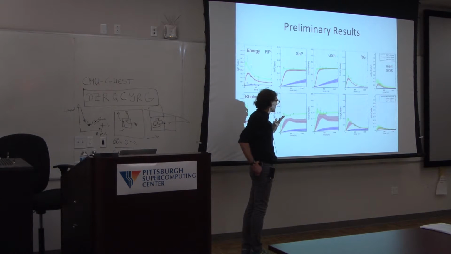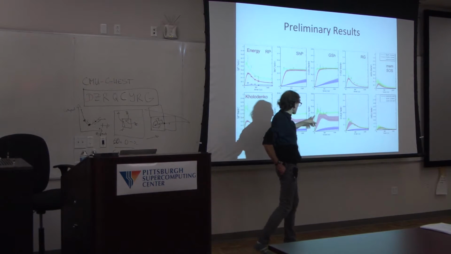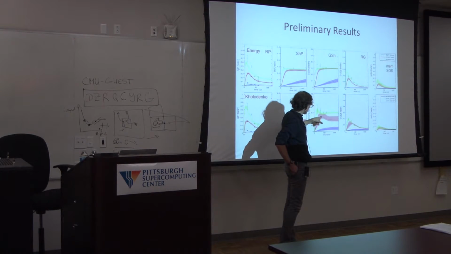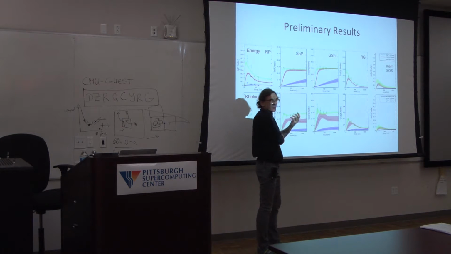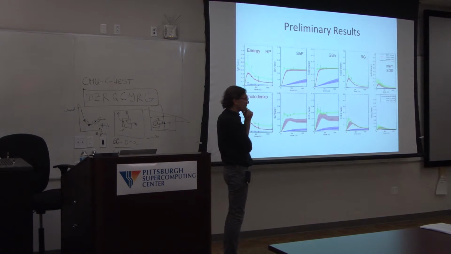Depending on what errors you believe are present in the data, you will or will not think that the features the Kholodenko model is obtaining are reasonable. And we really just don't know. This is the only data we have. So you've got to do more experiments, clearly, to help resolve that issue.